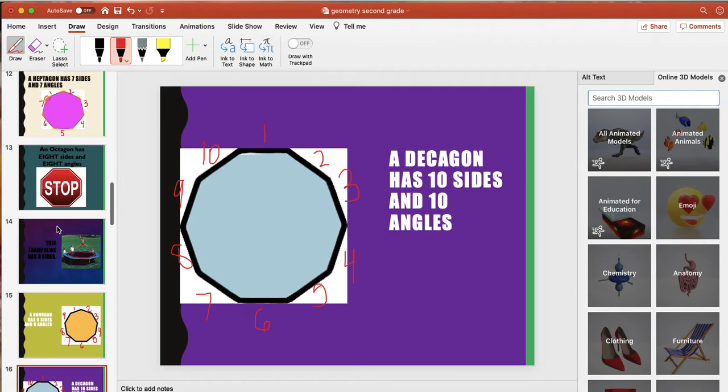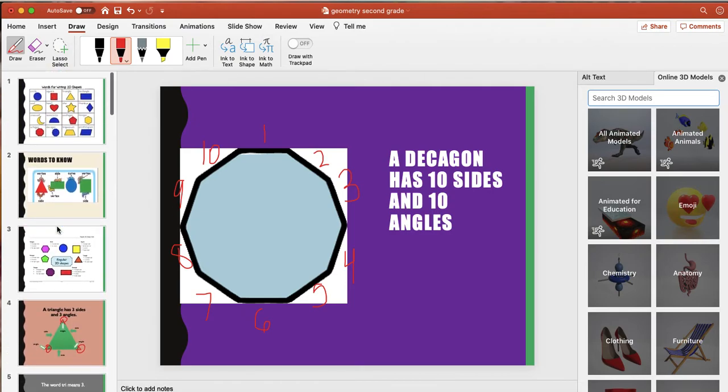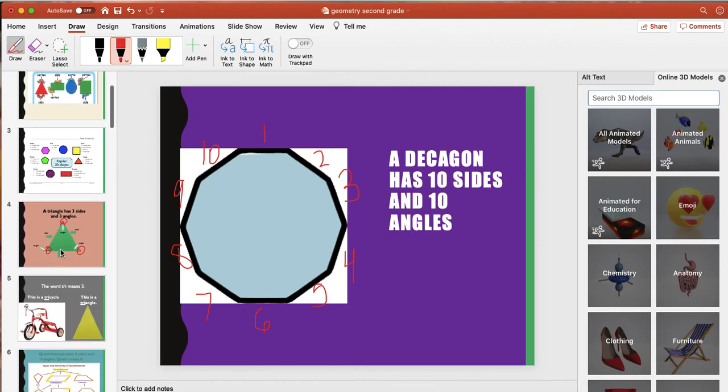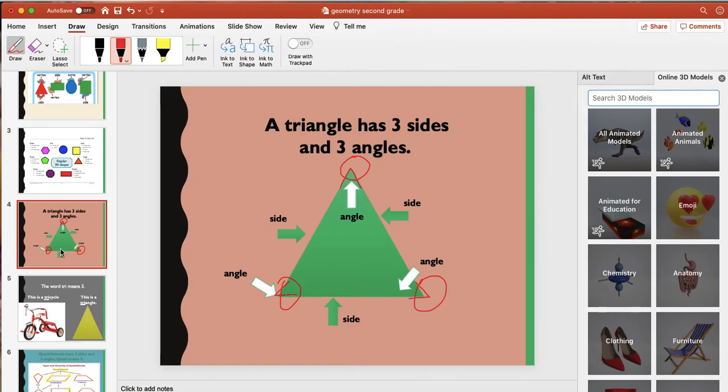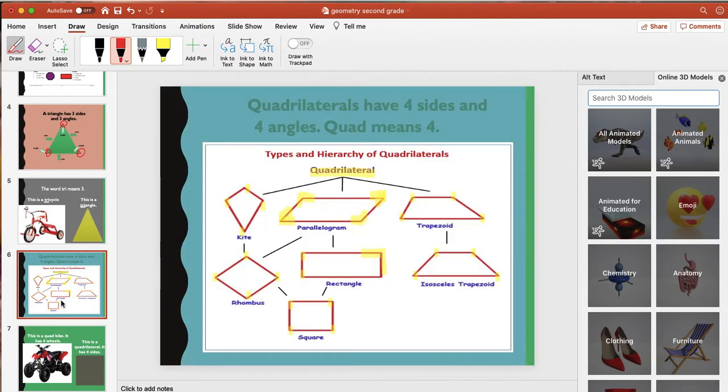So I'm going to go back up to the top and just review the shapes that we learned. So we have a triangle, which has 3 sides and 3 angles. So instead of just saying a rectangle or a square, which have 4 sides, we are reviewing quadrilaterals because it's a family and each member in that family has 4 sides and 4 angles.